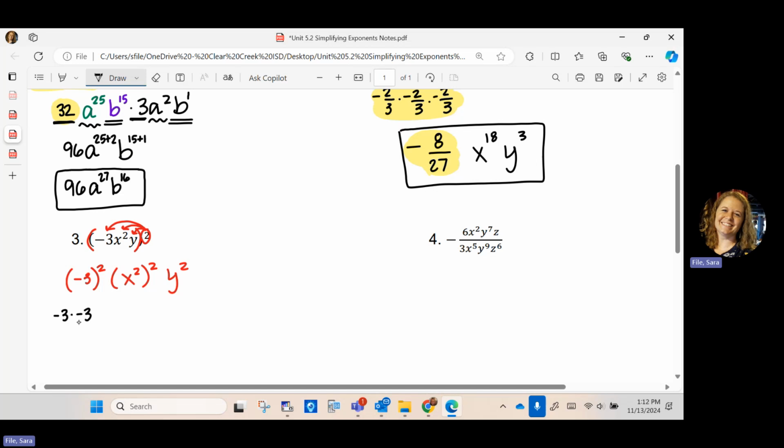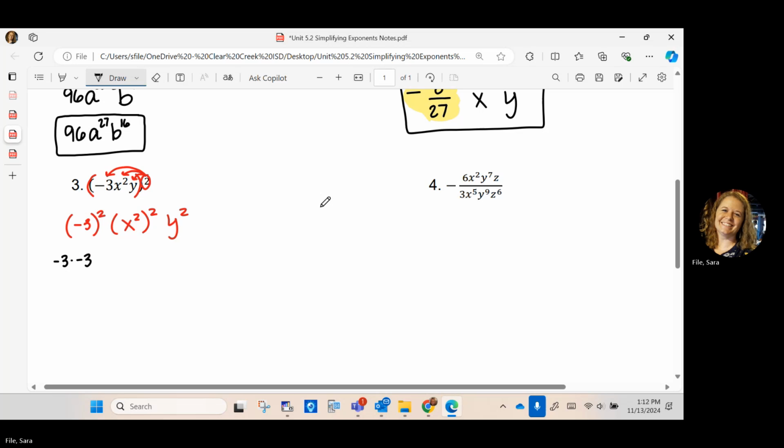What's a negative times a negative? A positive. So this is going to be positive, and then 3 times 3 is 9. So our coefficient there came out to 9. And then we are using power property again here, 2 times 2. So that is x to the 4th, and then y squared.